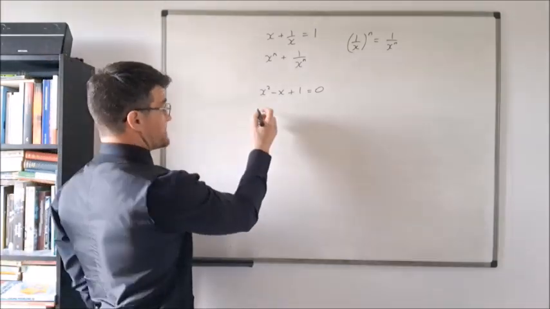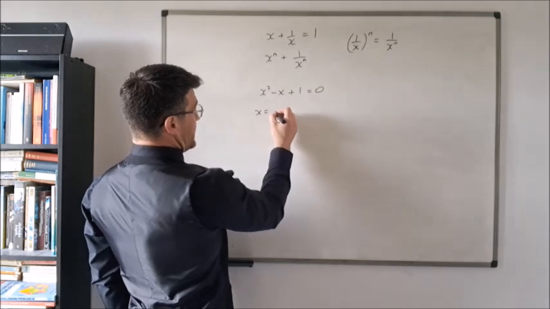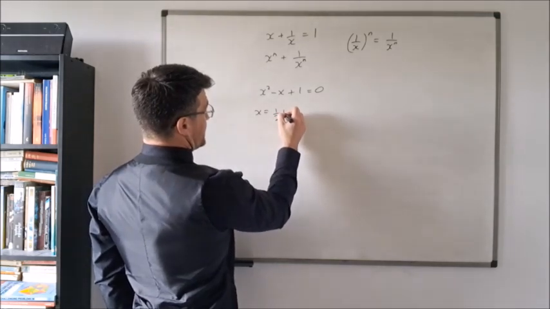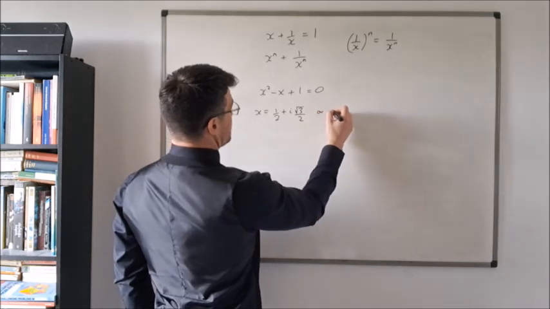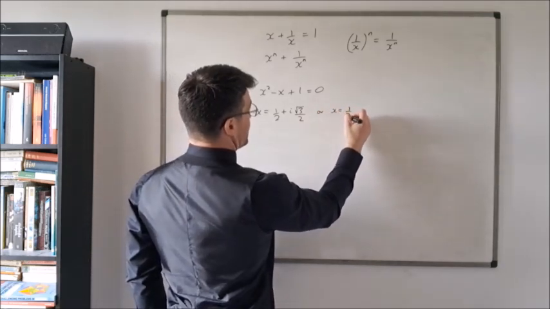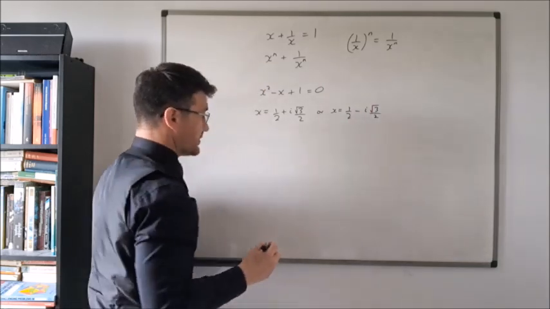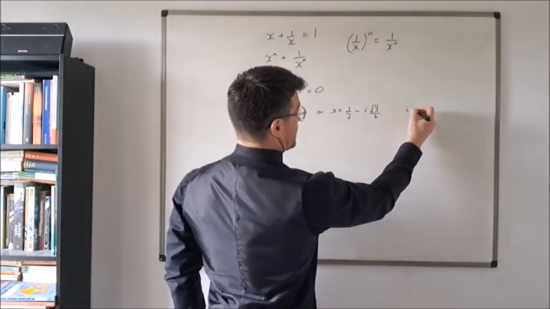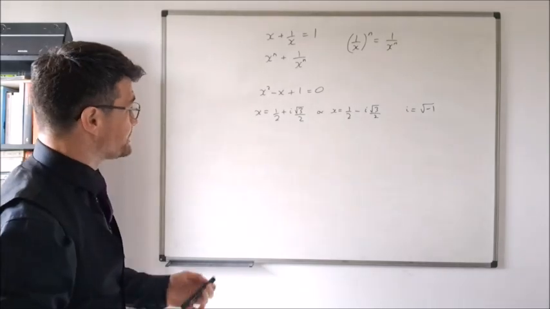And the solutions to this quadratic equation are going to be x equals a half plus i root 3 over 2, or x is equal to a half minus i root 3 over 2, where i is, of course, equal to the square root of minus 1.